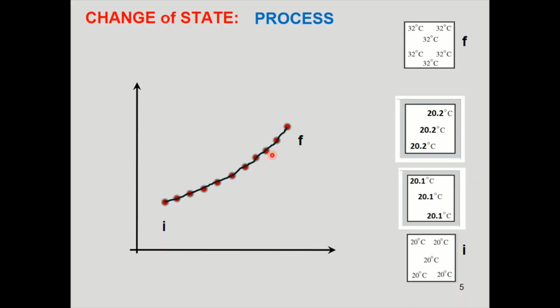So one thing you please remember: the processes we will be studying throughout the course of thermodynamics will all be assumed as quasi-static processes. They are idealized substitutes of the real process.